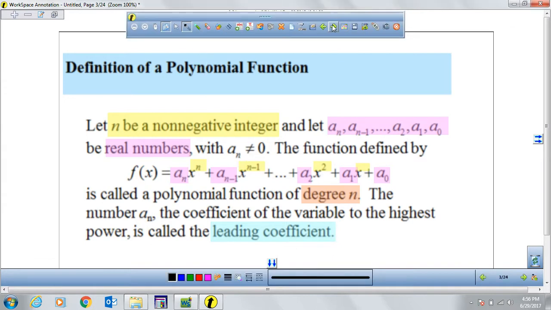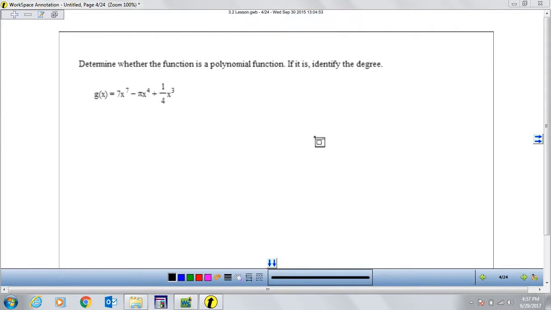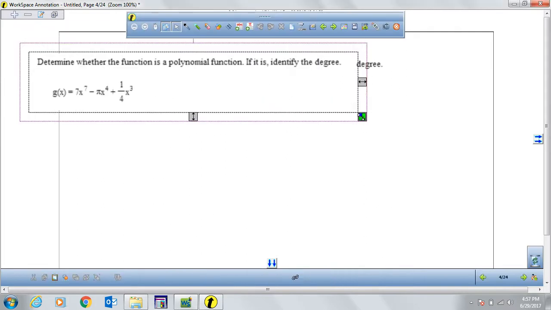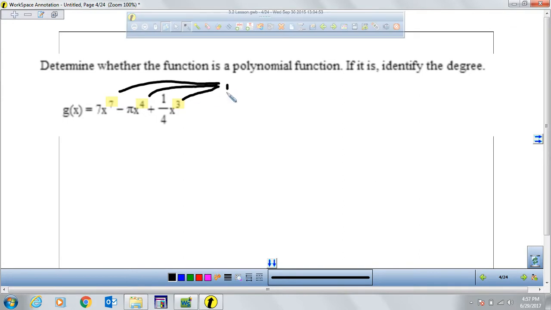Okay. Now, let's go ahead and talk about this first function and determine if this is a polynomial function. The question says, determine if this is a polynomial function. If it is, state its degree. If we look at the exponents, the powers of this function, there are 7, 4, and 3. All of them, as we can see, are non-negative integers.